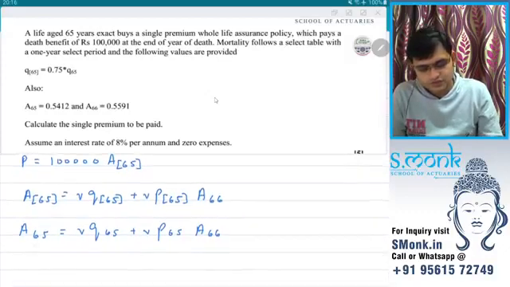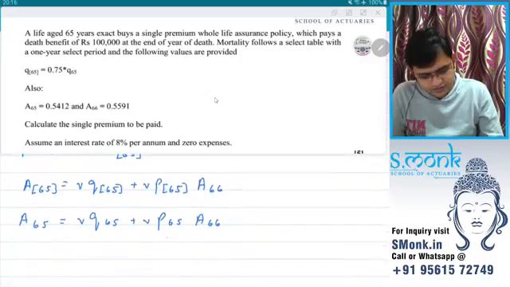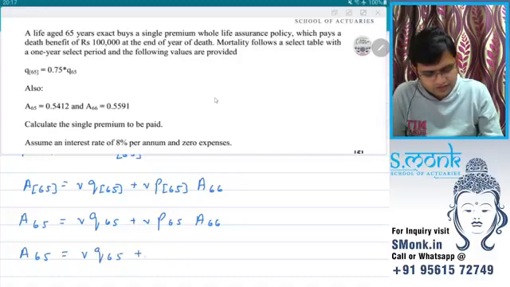So here we'll just calculate the q65. p65 is also 1 minus q65. So A65 equals vq65 plus v(1 minus q65) A66.